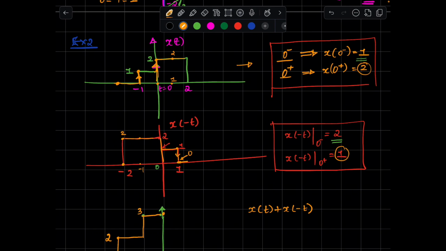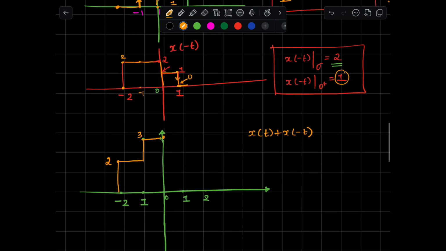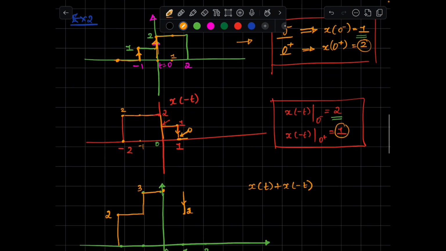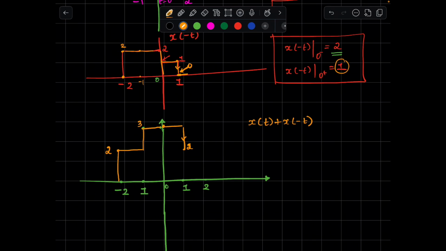So 2 plus 0 becomes just 2. So at 1 the signal is going down to 2, because the first signal is 2 and the second signal is going to be 0. So I can join like this.